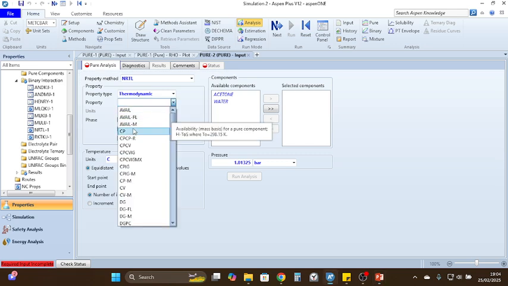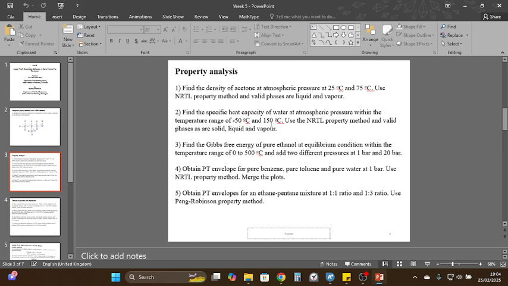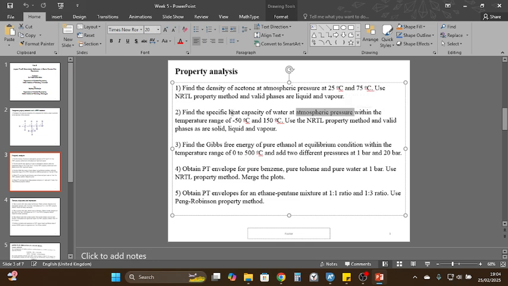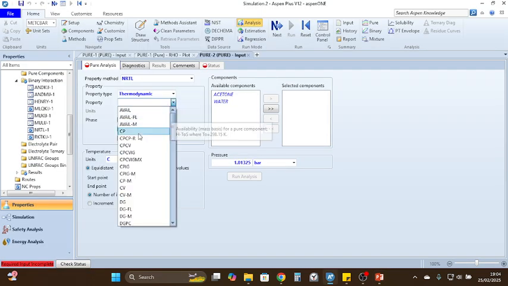So what is specific heat capacity? This is constant pressure heat capacity for a pure component. Now the pressure is constant since it is said that we have to find the specific heat capacity at atmospheric pressure. So we are going to select Cp over here.